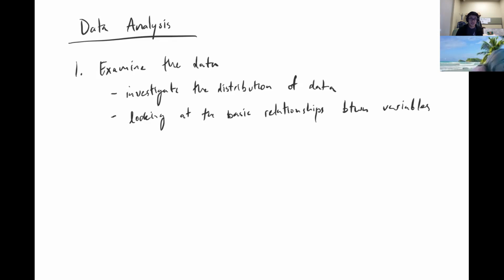You could do scatter plots of two variables together, look at if they're randomly associated or if there's a very clear trend. This can be a really obvious way to think about the functional fit of data.